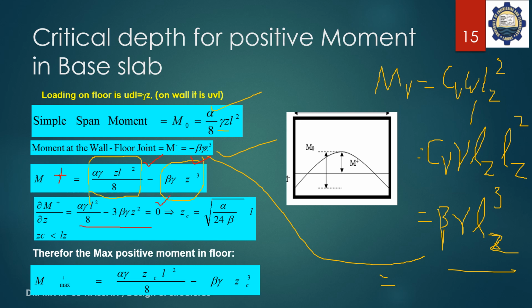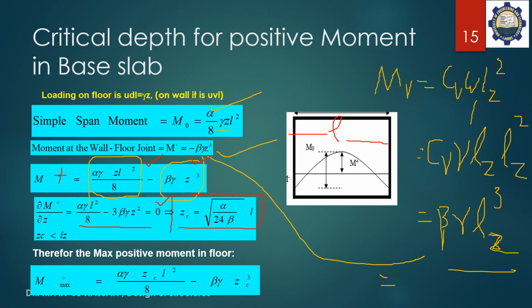And by solving this equation, the critical depth comes out to be the square root of alpha over 24 beta, multiplied by L, the span of the base slab you are designing. If you are designing the shorter, it will be Lx. If you are designing the longer, it will be Ly.